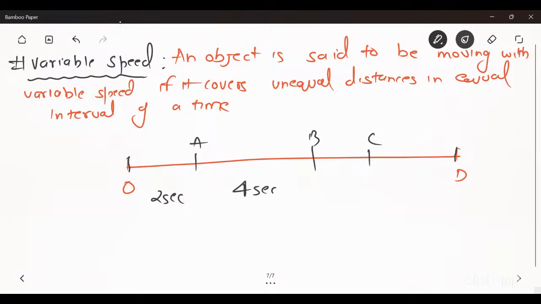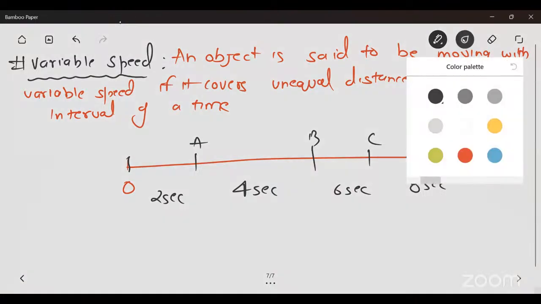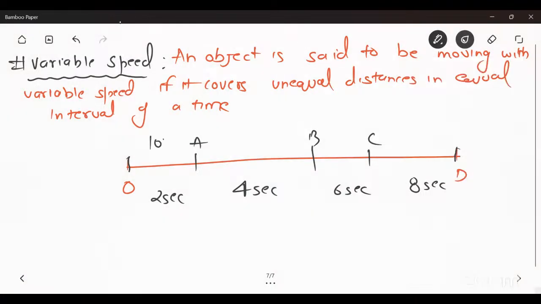That means 4 seconds from O to B, 6 seconds from O to C, 8 seconds from O to D. In the first interval, suppose it covered 10 meter, in the second 25 meter, in the third 39 meter, and in the fourth 61 meter.